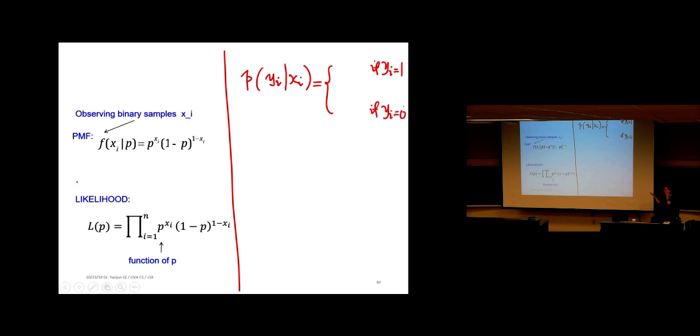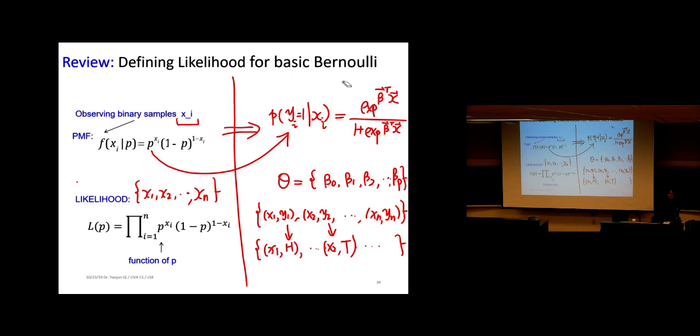So if yi equals 1, and it's that p, so if we come back here, if it equals 1, it's this formulation. If it's equal to 0, it's actually 1 minus this formulation.